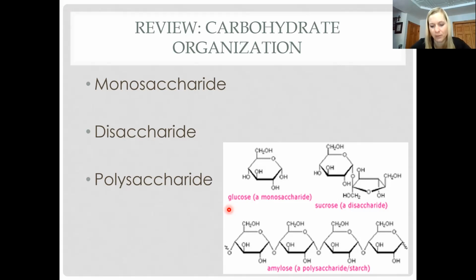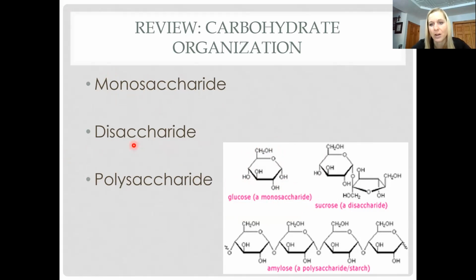So there are three types of sugars that we have. We've got monosaccharides. Mono means one, saccharide means sugar, so it's made up of one simple sugar molecule. For example, glucose shown here is a monosaccharide. It's made of one sugar structure. The next classification is known as disaccharide.